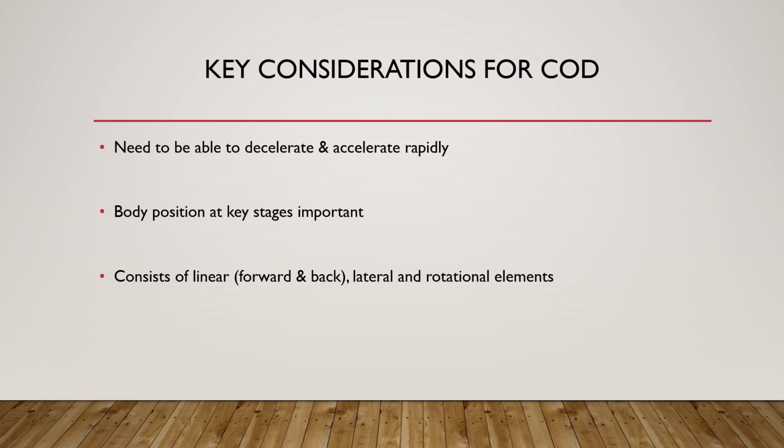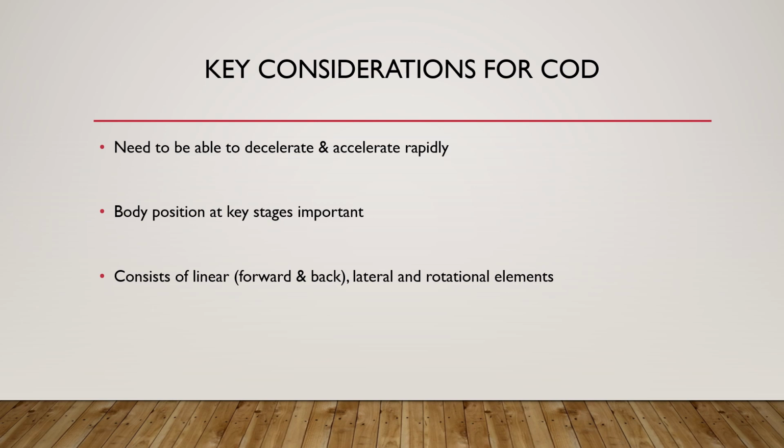And whilst obviously strength plays a key role in this, both eccentric particularly and isometric strength in that deceleration phase in particular, we also need good reactive strength as we accelerate or re-accelerate out of that turn.